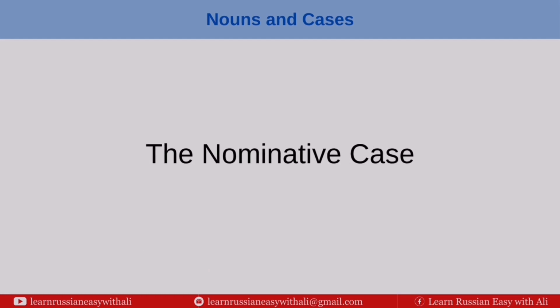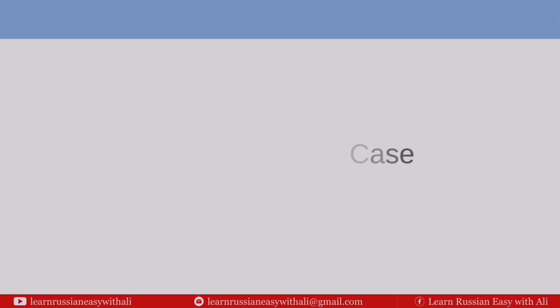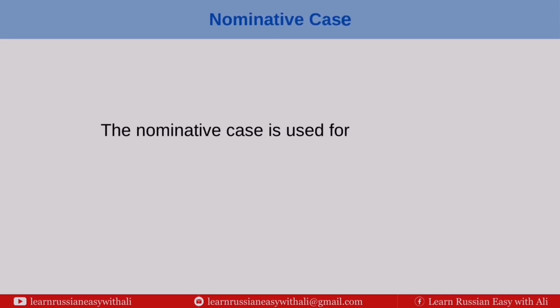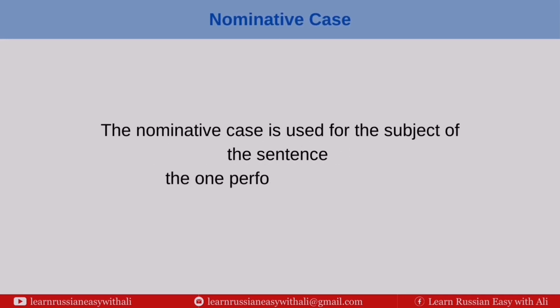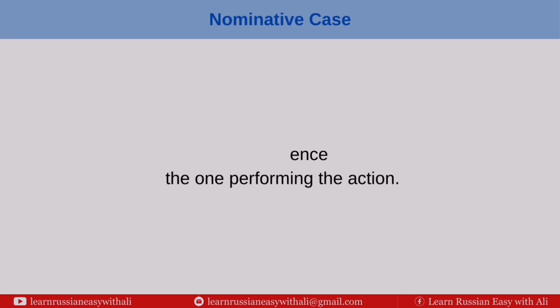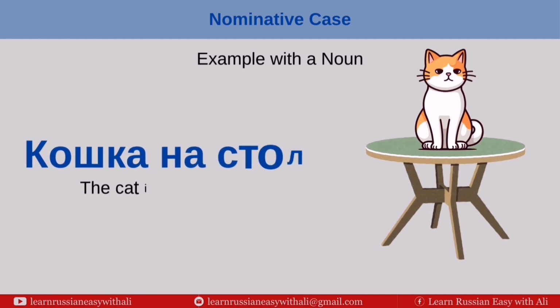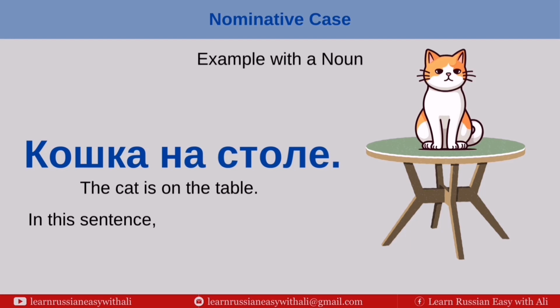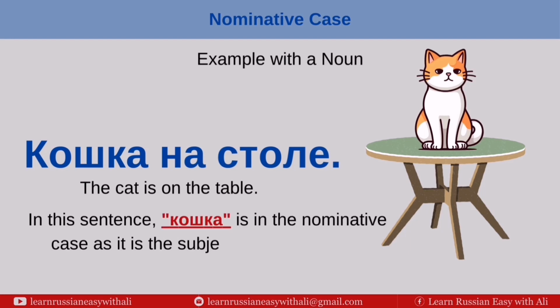The nominative case. The nominative case is used for the subject of the sentence, the one performing the action. Example with a noun. Кошка на столе. In this sentence, Кошка is in the nominative case as it is the subject of the sentence.